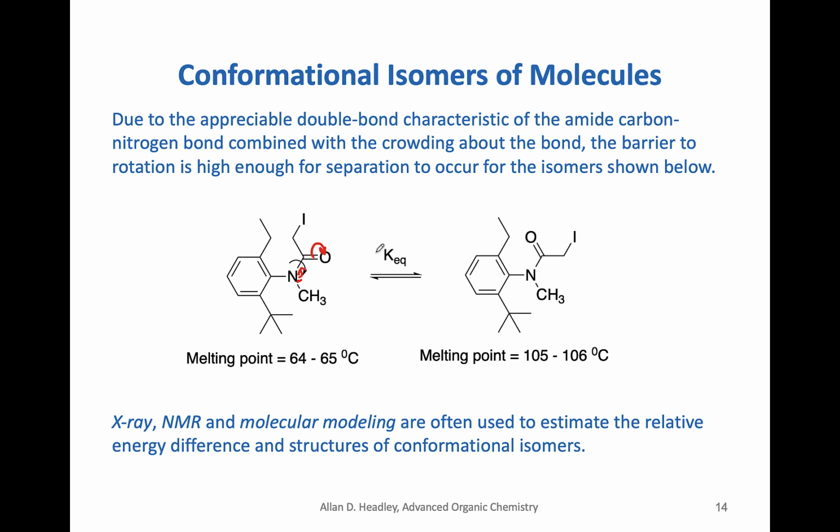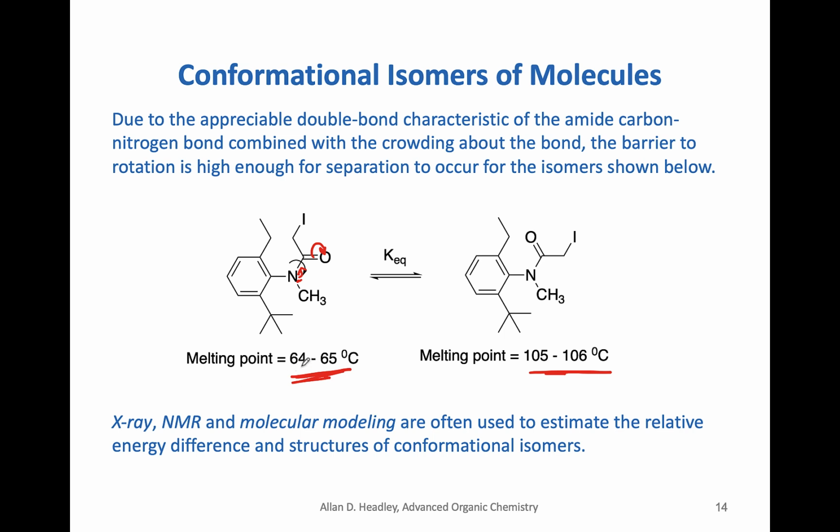In addition, for this molecule, there are groups here that tend to restrict the rotation, large groups. So the activation energy separating these two is pretty high. So that's why it's possible to separate this conformational isomer and this conformational isomer, because of that energy gap between these two isomers.